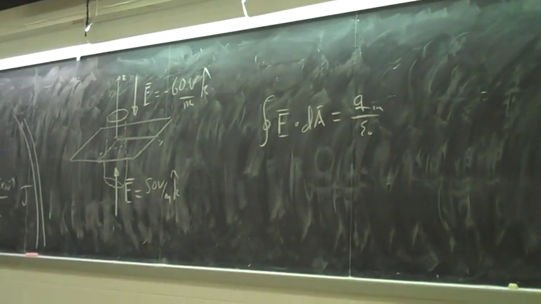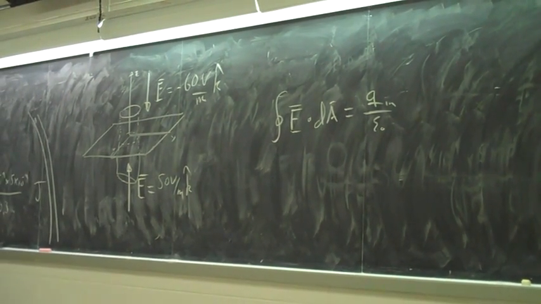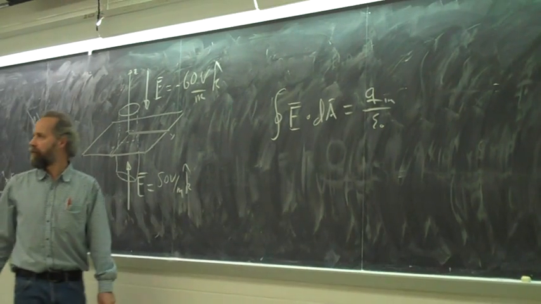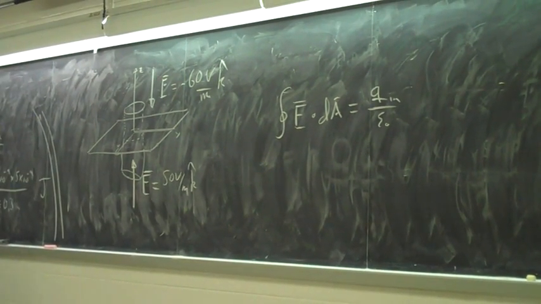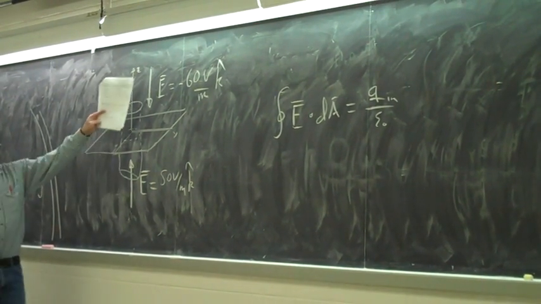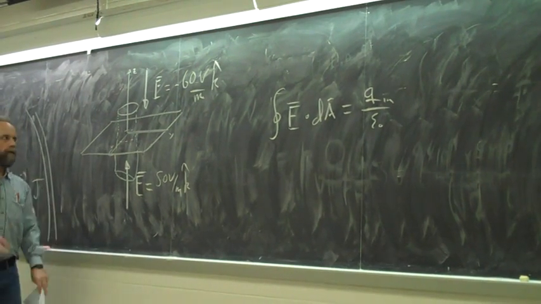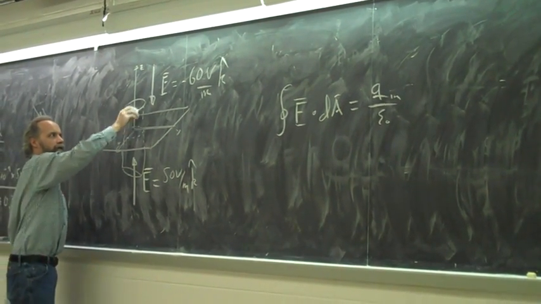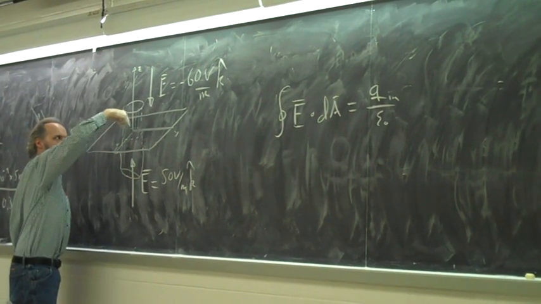All right, so now all you've got to do is figure out what's going on on the left side. That's E dot dA. We know which way E is pointing. E points in, so we don't have to worry about the sides of the cylinder because E is parallel to them.